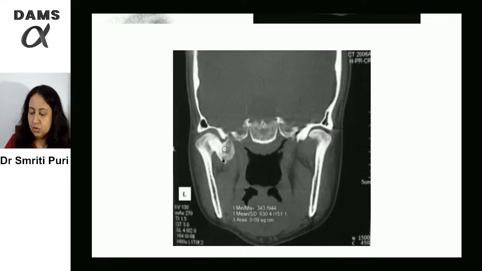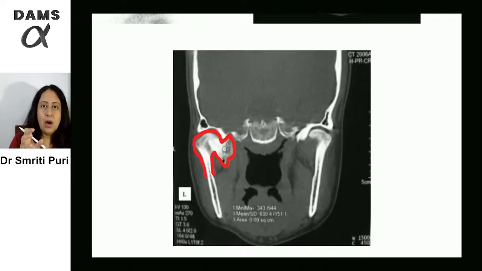If you trace the right condyle, it has an outgrowth towards the medial side. It has a mushroom-like growth on the medial side. So there is something that is growing from, or arising from, the condyle.